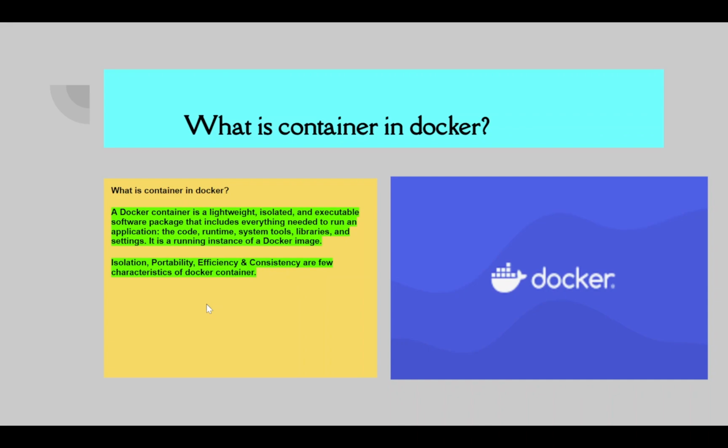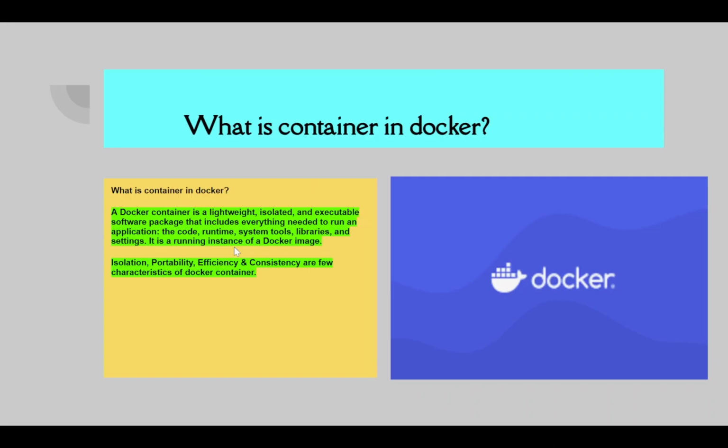Some of the advantages of containers: isolation, portability, efficiency, and consistency are a few characteristics of a Docker container. So again, when you're developing your application, you build an image. When you are deploying your application, you deploy that as a container.